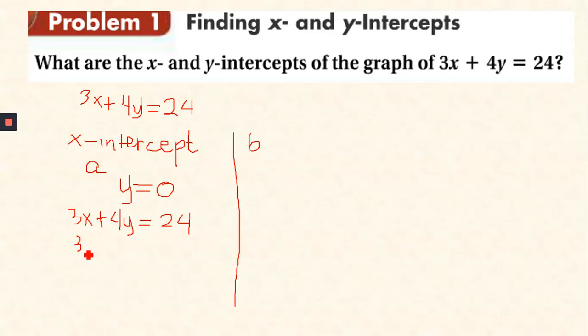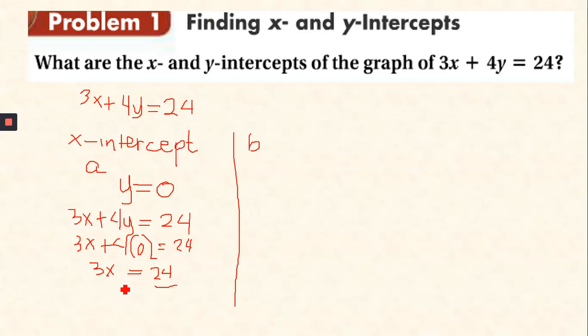So you have 3x plus 4 multiplied by your y, which is 0, is equal to 24. Okay? So 3x now plus 4 times 0 is 0. Since 4 times 0 is 0, no need to write it. So you now have 3x equals 24.